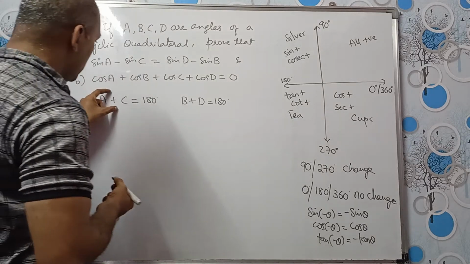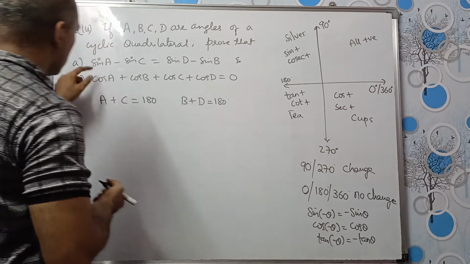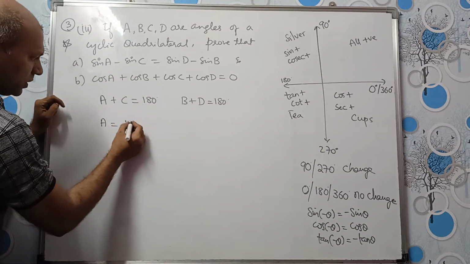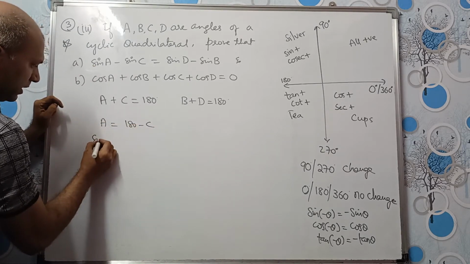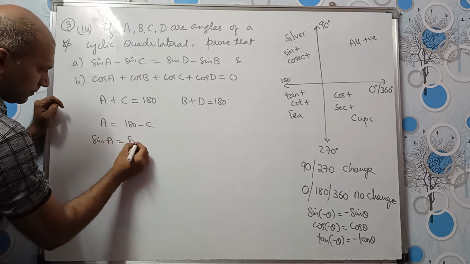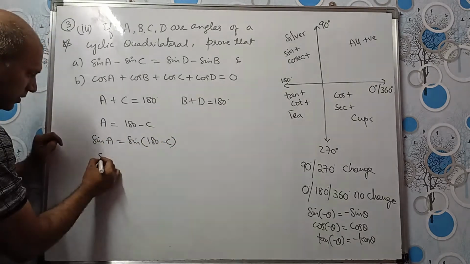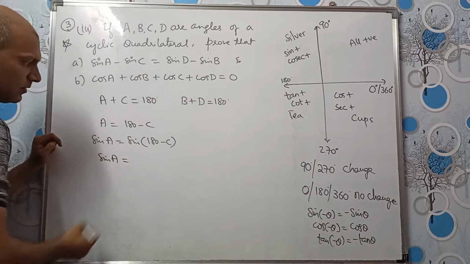Now, A plus C is 180, and we need sine A, so let us send C to the other side. So A will be 180 minus C, apply sine on both sides. So what is sine A now?